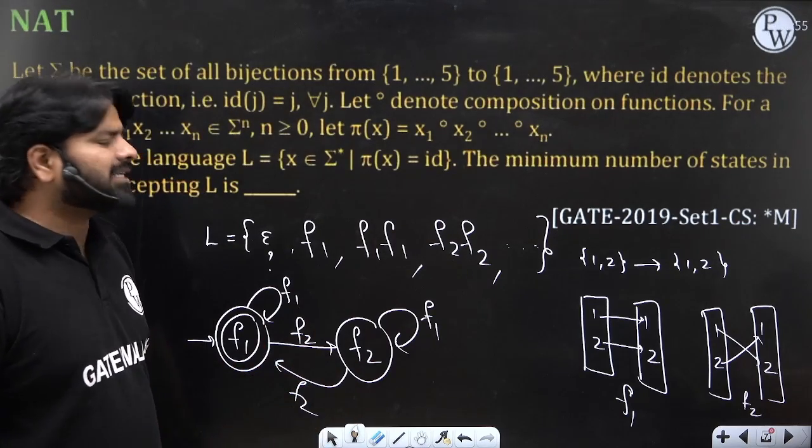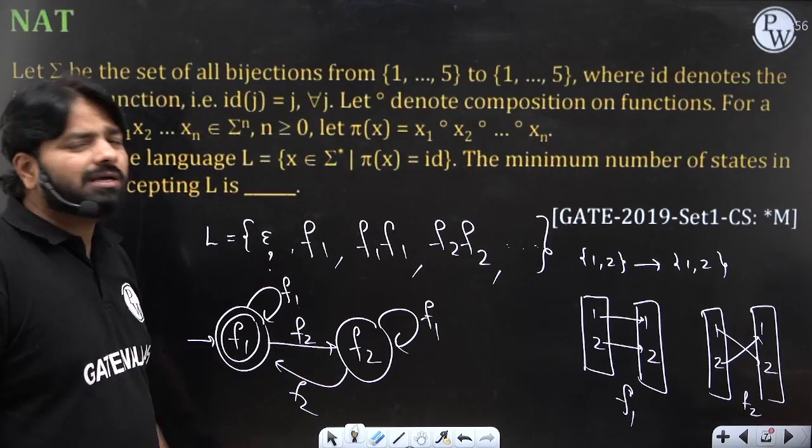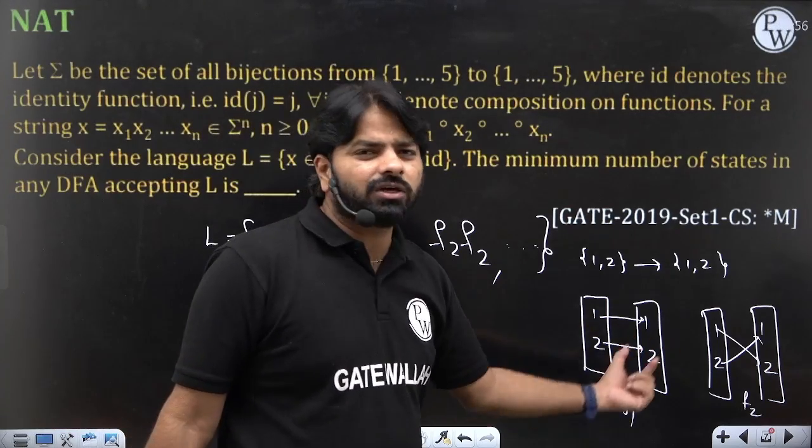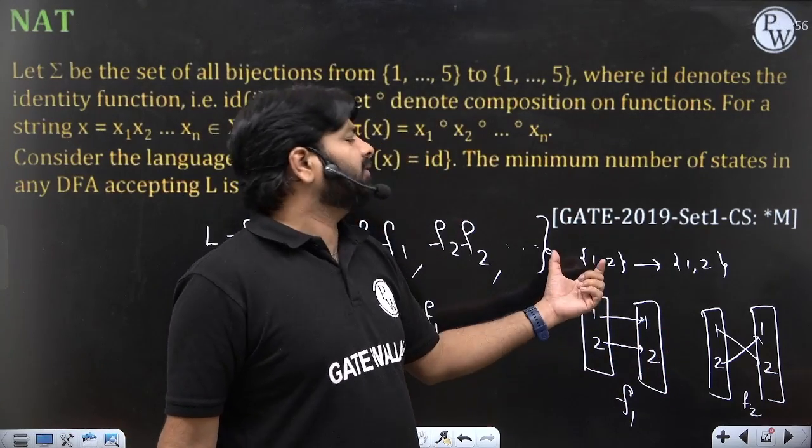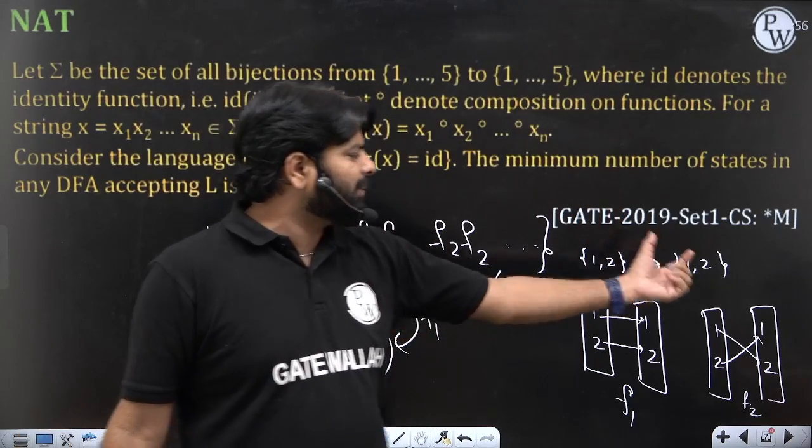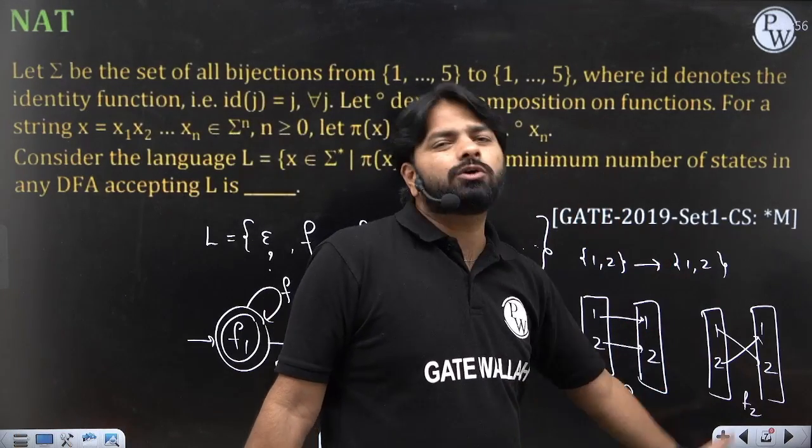Now how many states are there? Just two states. Why? Because I have two functions. Why do I have two functions? Because from a 2 element set to a 2 element set, there are only two bijective functions.